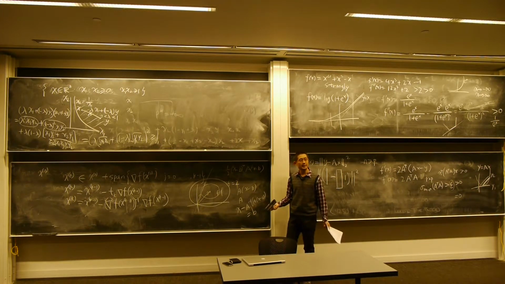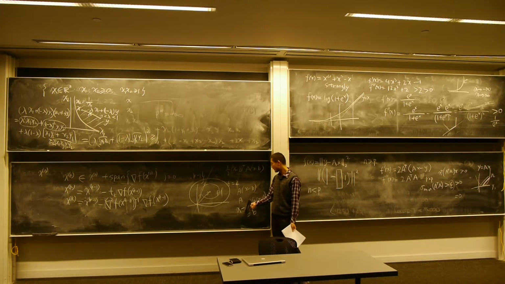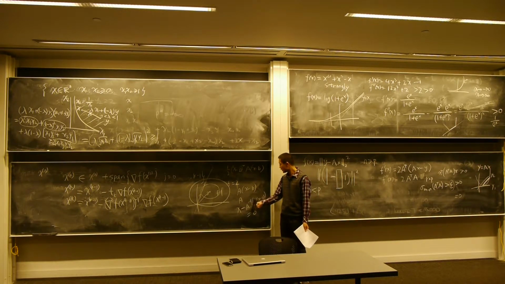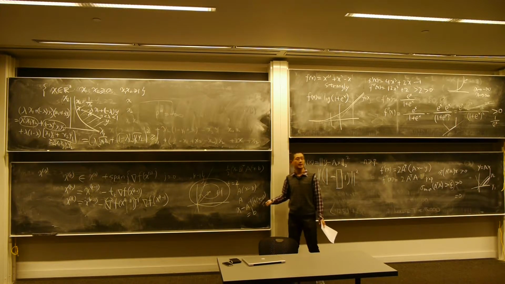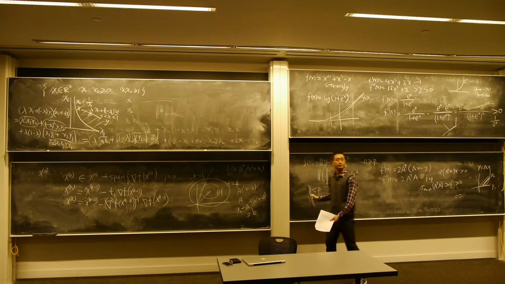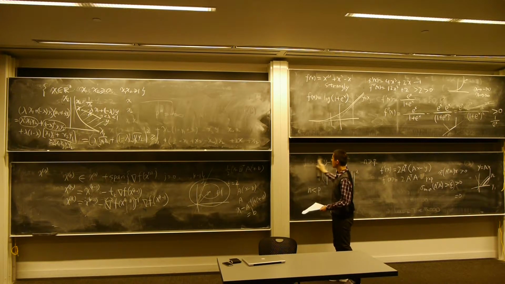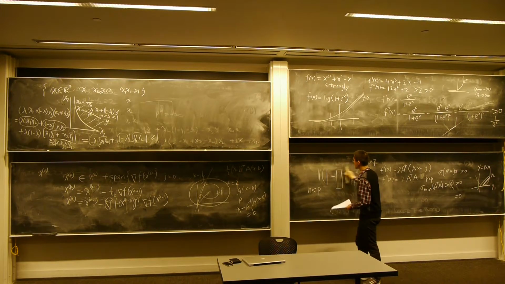Alternatively, you can use a quasi-Newton method. You don't actually compute A inverse, but approximate it using rank 1 or rank 2 updates, a faster algorithm.